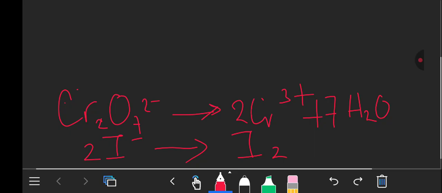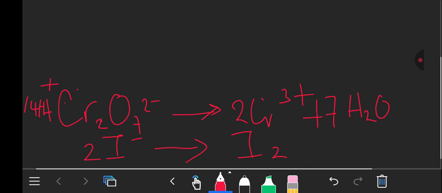So we add 14 H+, which is hydrogen ion, because 7 times 2 is 14. So we have now this reaction.